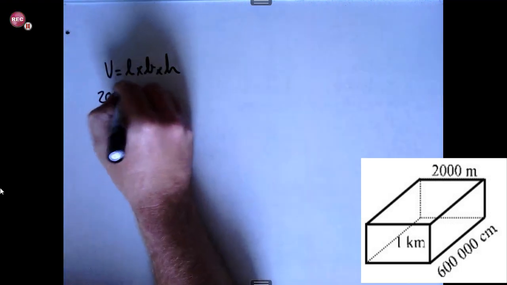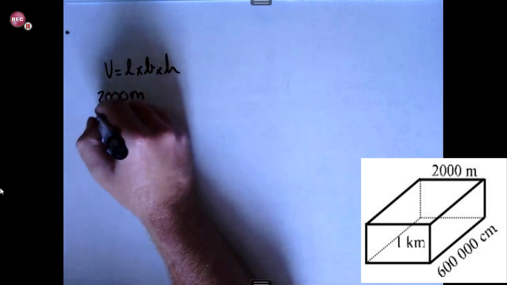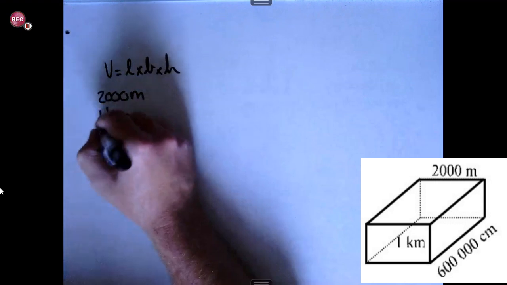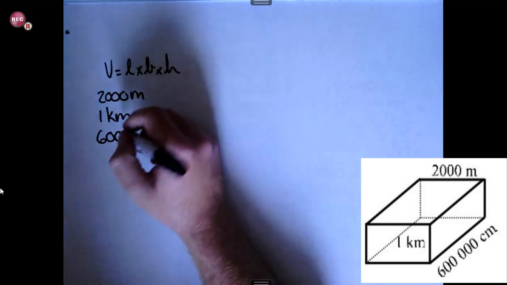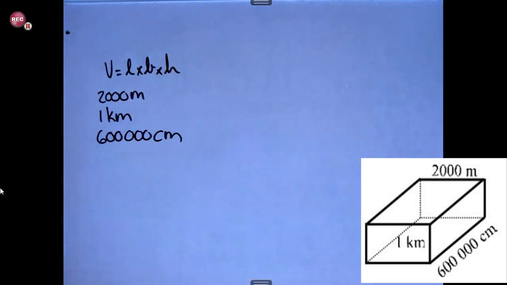It's 2000 meters, it also has 1 kilometer for its height, and for its length it's got 600,000 centimeters.